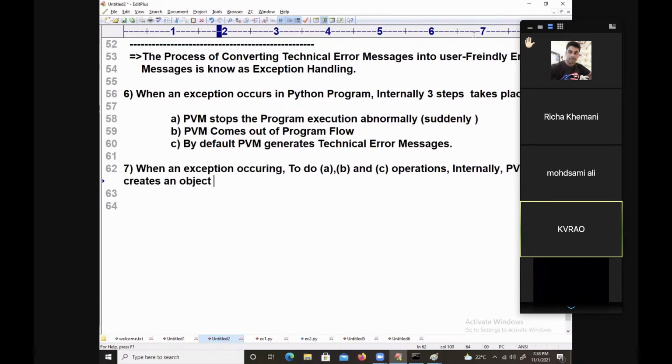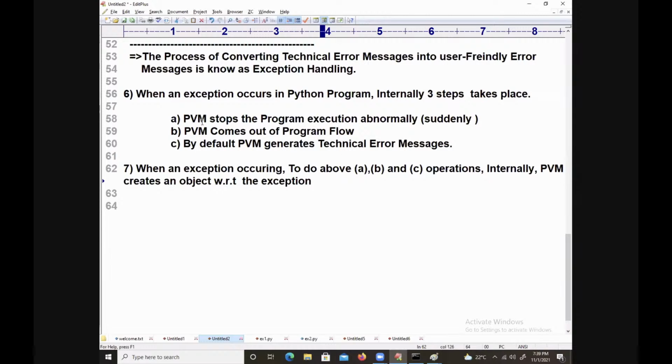Every object needs what? Excellent. Class is required. Every object requires a class. When an exception is occurring, to do the above ABC points, internally PVM creates an object with respect to the exception class.